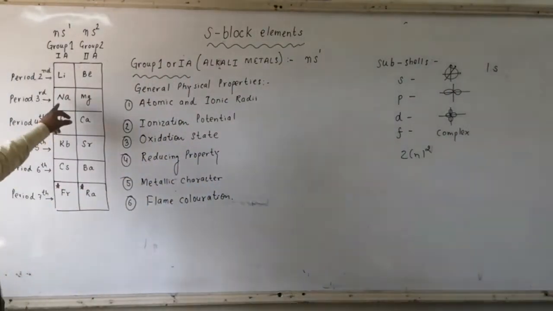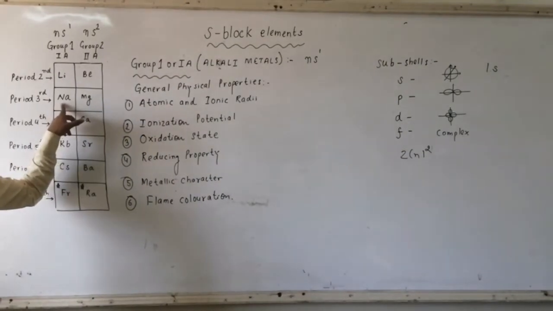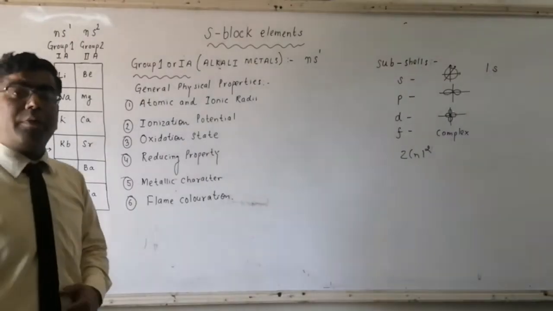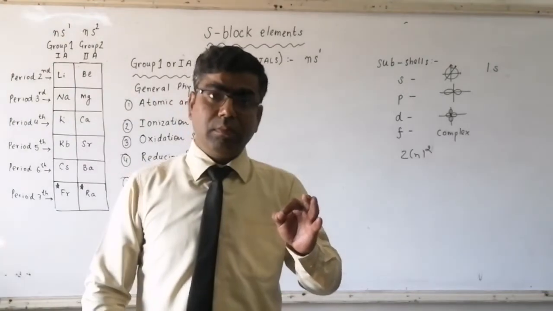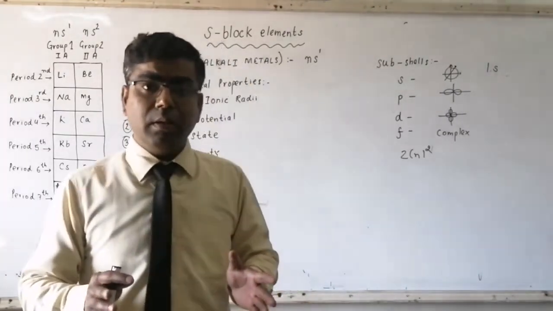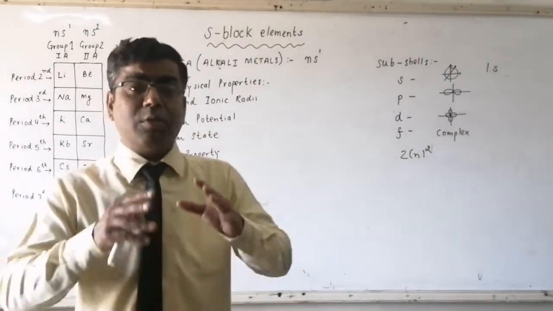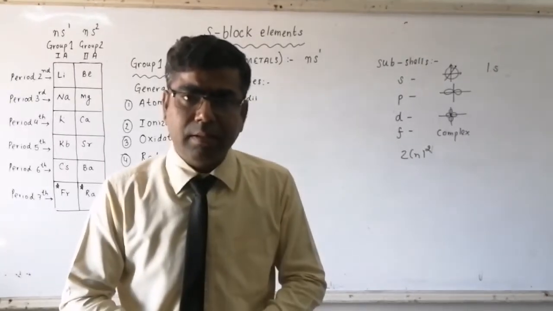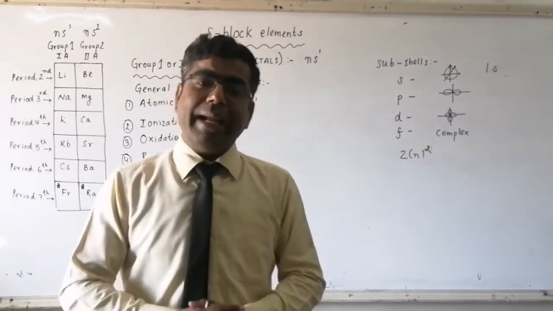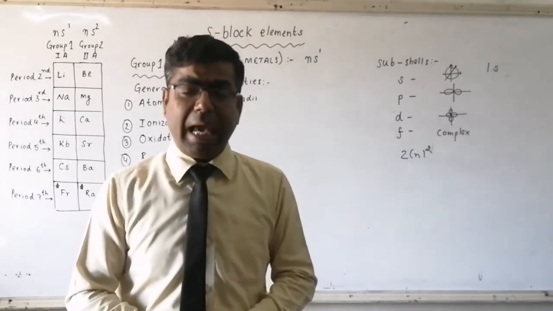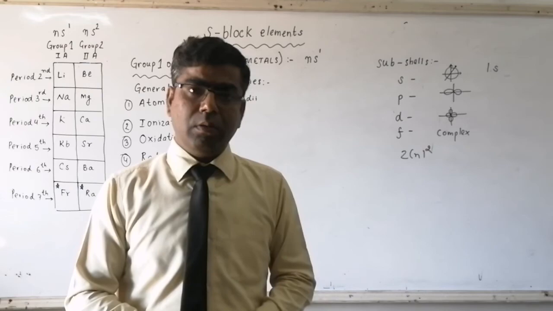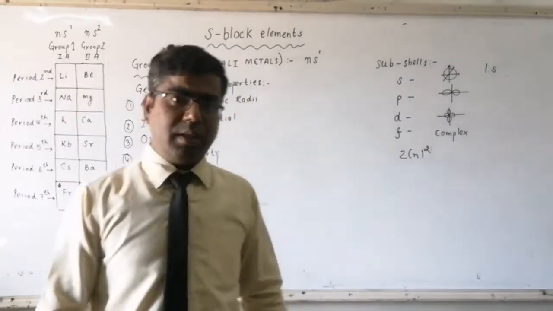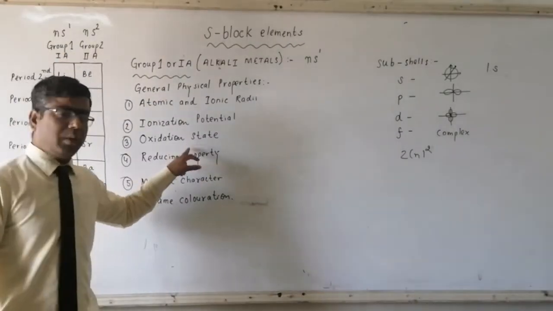Similarly, if we talk about Na, by losing one electron, it gets converted to Na+, and Na+ has the electronic configuration of argon. The configuration is stable. So here we can say that as there is only one electron in the valence shell, all alkali metals, by losing one electron, get converted to a unique positive ion, M+ ion. So for all, the oxidation state will be +1.